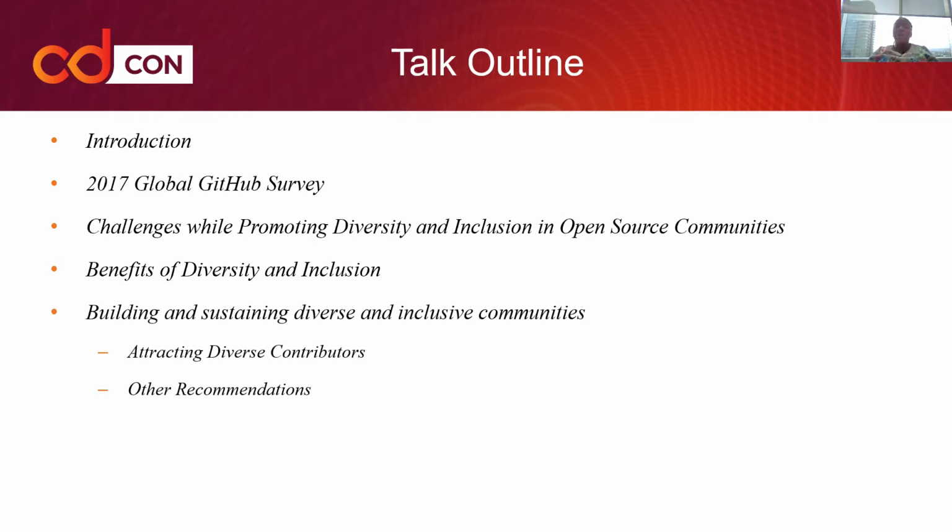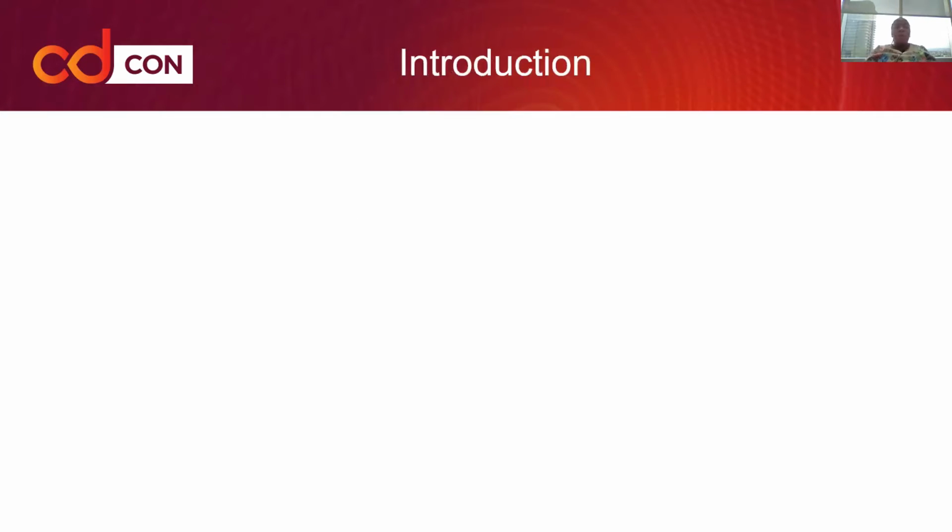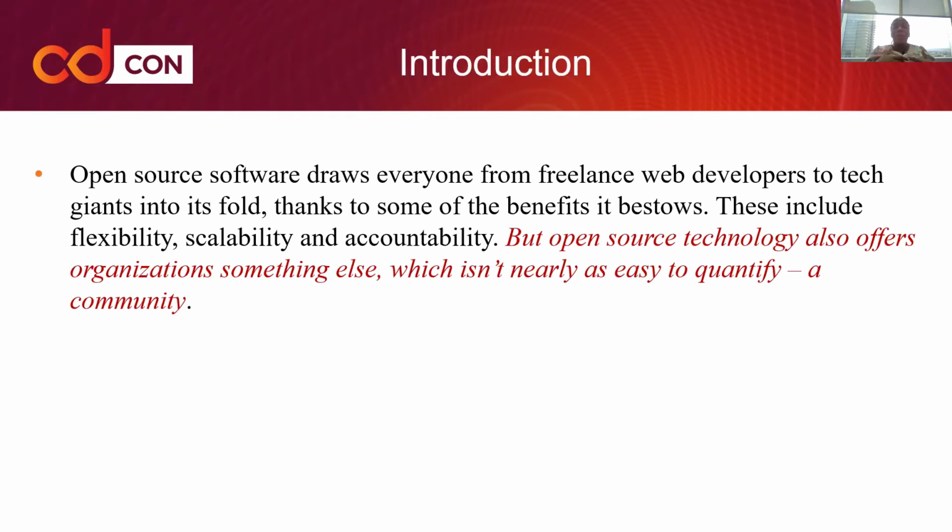Under this, we're going to be looking at how to attract diverse contributors and other recommendations, and open source communities embracing diversity. These are practical ways by which some open source communities are embracing diversity. And finally, conclusion.